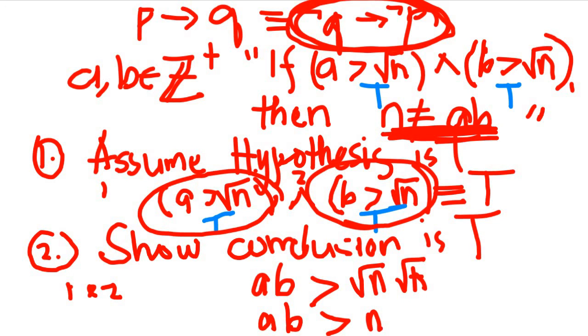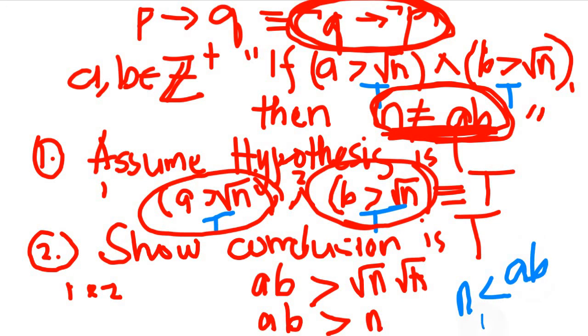And if we check again our conclusion that we are trying to prove, n is not equal to ab, and this is exactly it. This is exactly telling us that n is less than ab. In that case, n is not equal to ab. So therefore, the conclusion is true, and that proves the theorem.